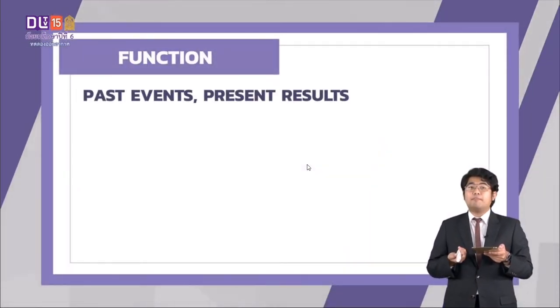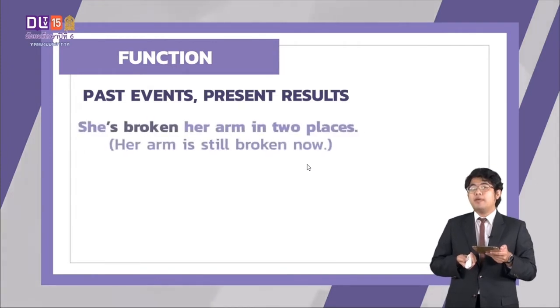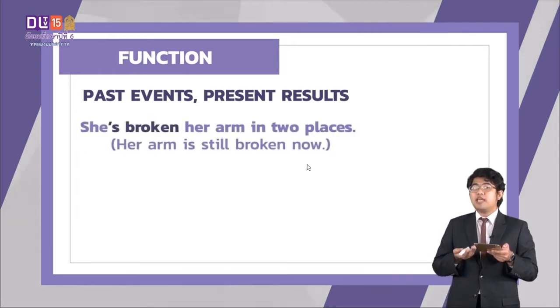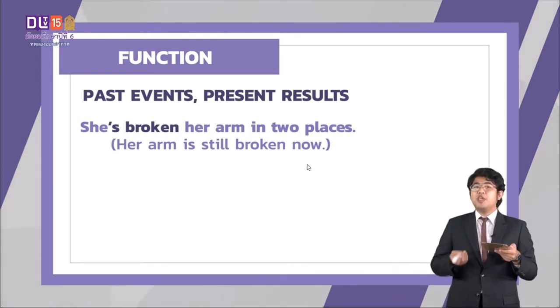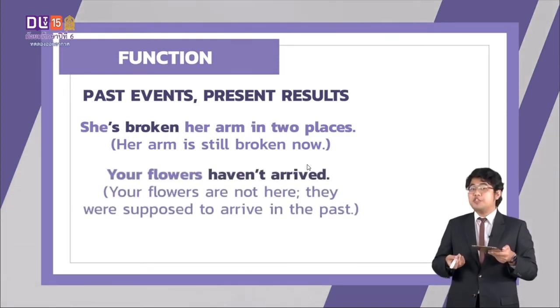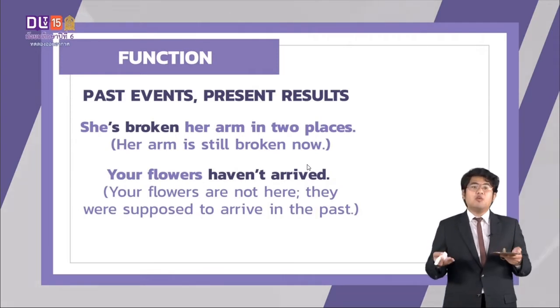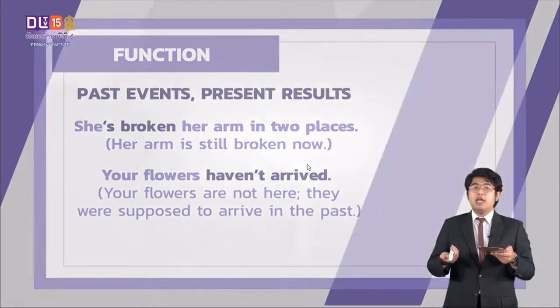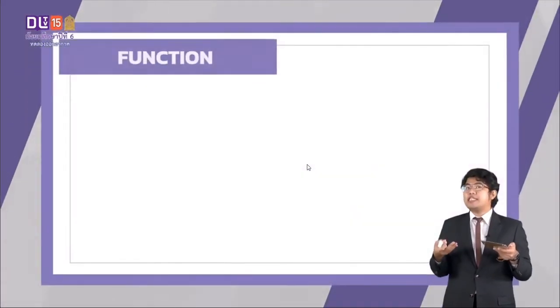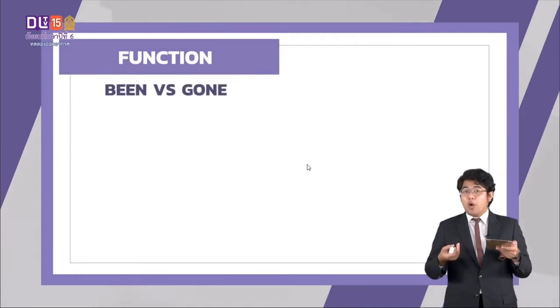Let's look at the example: She's broken her arm in 2 places. It means that her arm is still broken now. The second one is: your flowers haven't arrived. It means that your flowers aren't here; they were supposed to arrive in the past. Okay, clear?